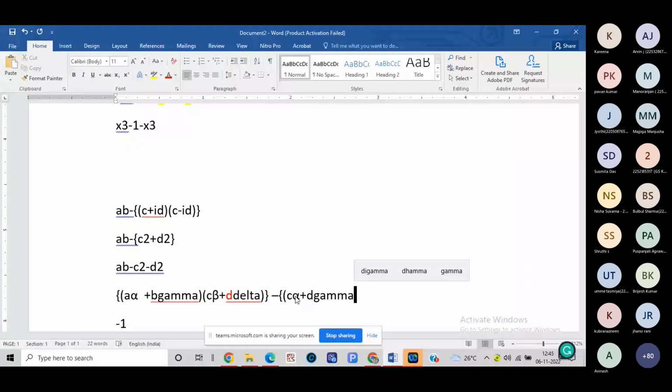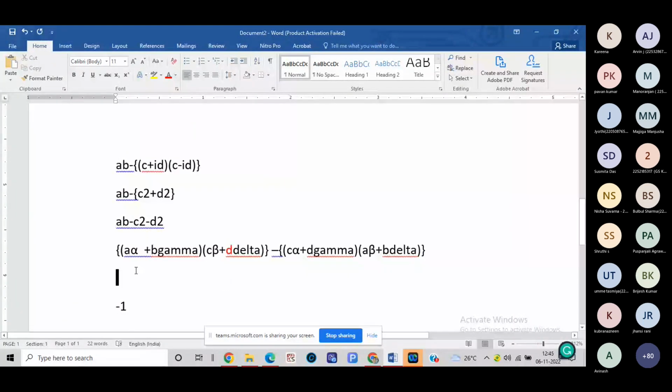Next, A beta plus B delta. A alpha plus B gamma, C beta plus D delta minus C alpha plus D gamma, A beta plus B delta. Clear?